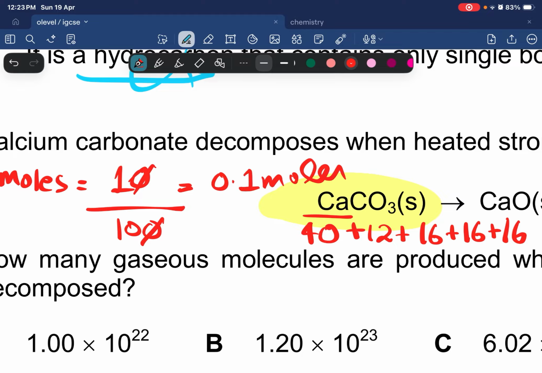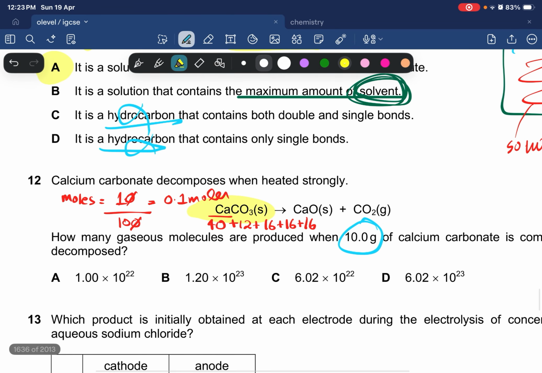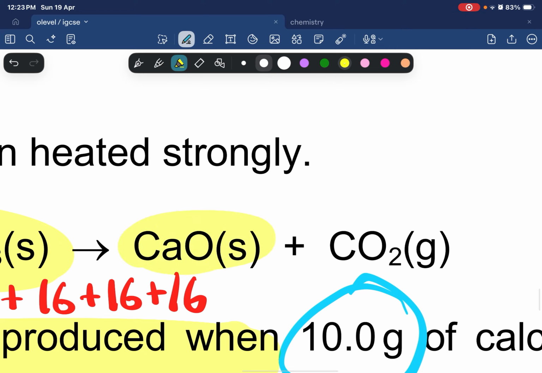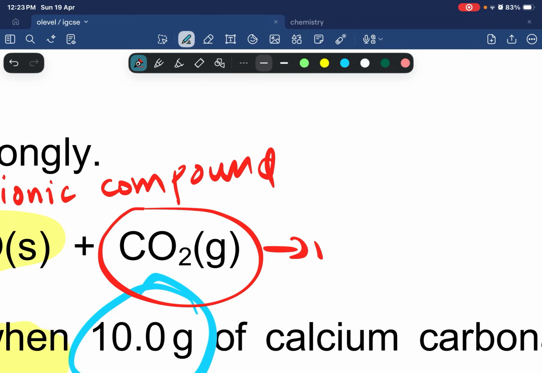Now I have the moles of calcium carbonate. I need to figure out what is my eyes on the prize. How many gaseous molecules are produced? Are there going to be molecules produced of calcium carbonate? No, because calcium oxide is an ionic compound, and ionic compounds don't produce molecules. What do they produce? They produce formula units. Carbon dioxide is going to form molecules.